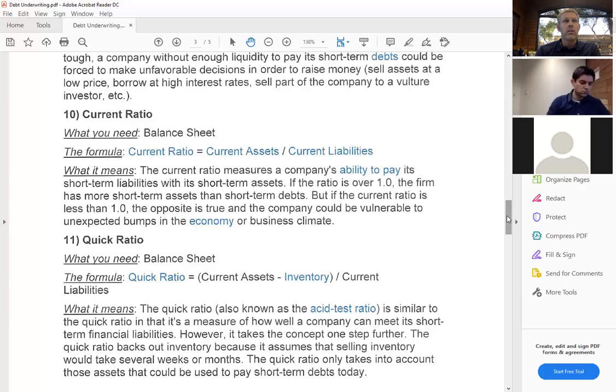It's saying that for every dollar of debt, current liabilities that they plan to pay within the year, they have $1 of current assets to pay it. If they had 0.6, they would only have 60 cents to pay every dollar. If they have a 1.25, then they'd have $1.25 to pay every dollar.